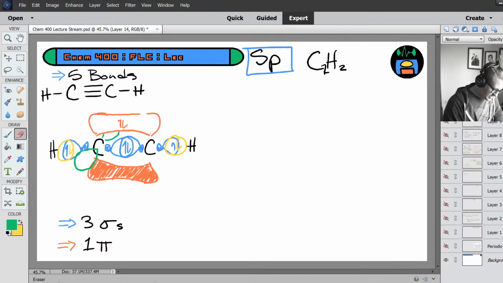So this lobe is out in front of all of this stuff, and the beauty of Photoshop is I can erase at will. Those of you writing in pencil can do the same. If you're in pen, you're in a little bit of a bind. So there's 1 px orbital.